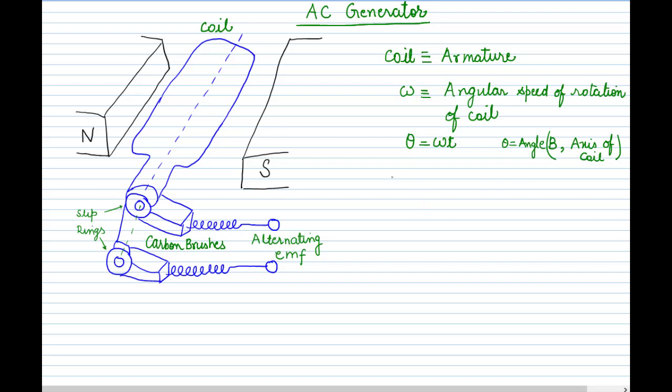at any instant. So now we can write down the magnetic flux phi B. Phi B is given by B dot A. This dot product gives us BA cos theta, and theta we have already written as omega t, so this is equal to BA cos omega t.